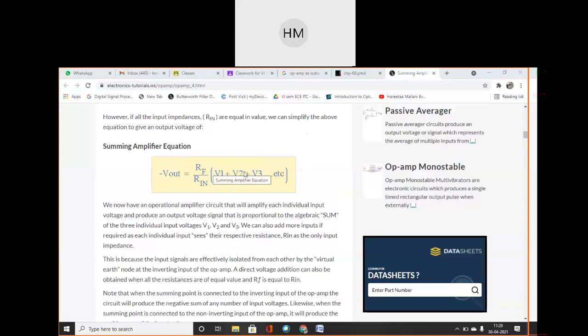So what should be the value, what should be the ratio of RF upon Rin, so that I get V out equal to V1 plus V2 plus V3? Then only I will get the exact output of addition. So what should be these values? Who can tell?